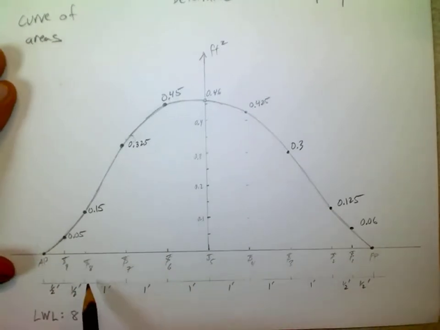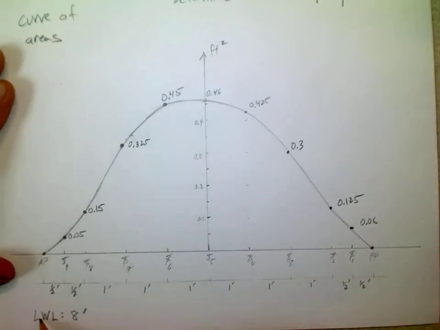On this image, I've got 1 foot, 1 foot, 1 foot, and so on between stations 2 and 3, 3 and 4, 4 and 5, 6 and 7, 7 and 8. I have a half foot between the aft perp and station 9, and station 9 and station 8. Also station 2 and station 1, and station 1 and the forward perpendicular.